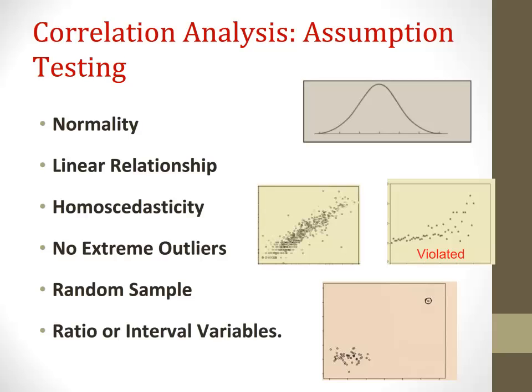Here we see a list of assumptions that need to be met for the Pearson's product moment correlation coefficient to be robust. And as you'll notice in a few moments, many of these assumptions can be tested using the scatter plot. Let's talk about these in the order that they're listed. Let's first focus on normality. First of all, for normality, the distributions of both variables need to approximate a normal distribution.